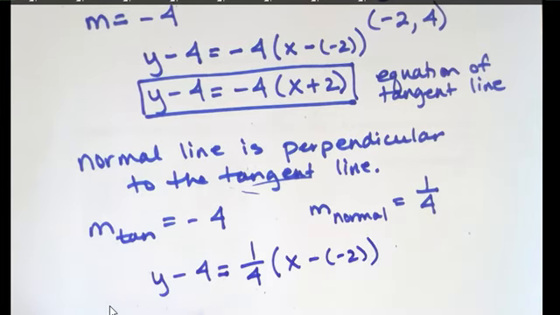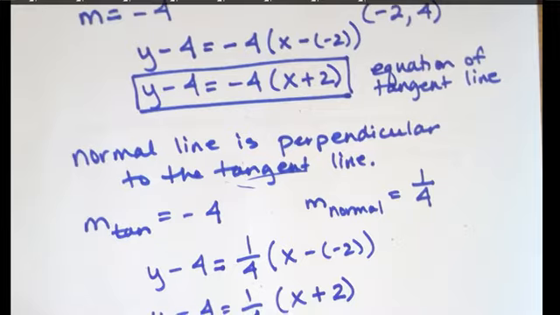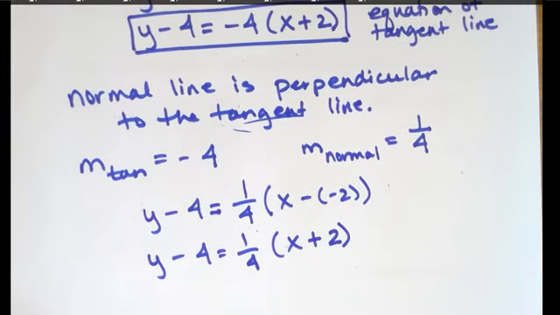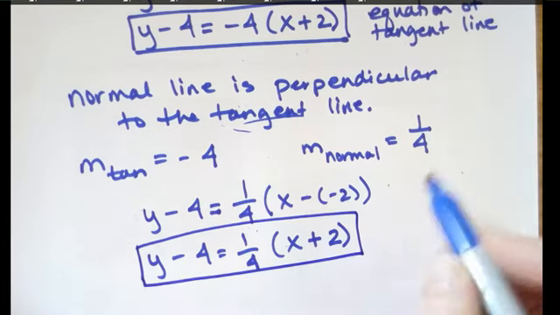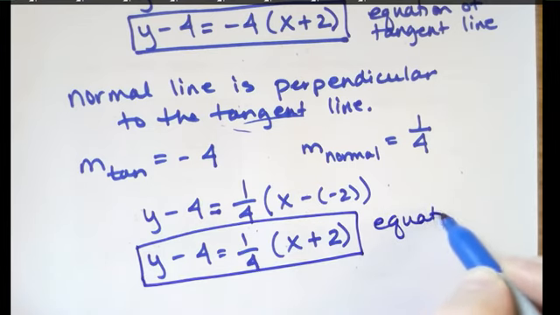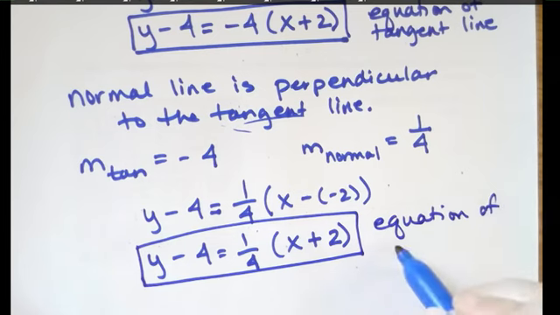So I would have y minus 4 equals 1/4 times x plus 2. This is the equation of our normal line.